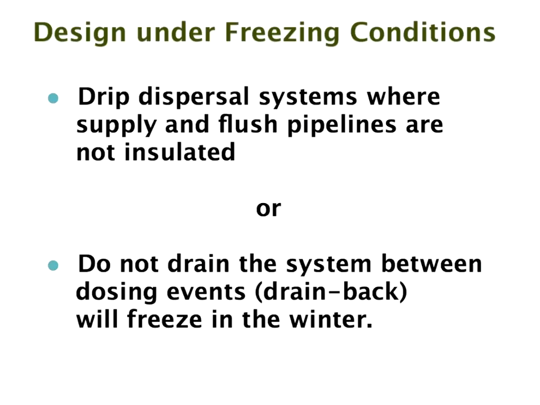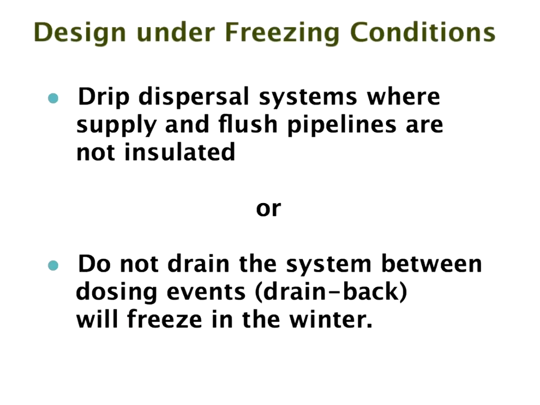Drip dispersal systems. If the supply and flush pipelines are not insulated, you're very likely to get freezing. You want them to drain, and if they drain between dosing, they'll freeze in the winter. If they're insulated and below the frost level, of course you'll be okay. But you do have to be careful.